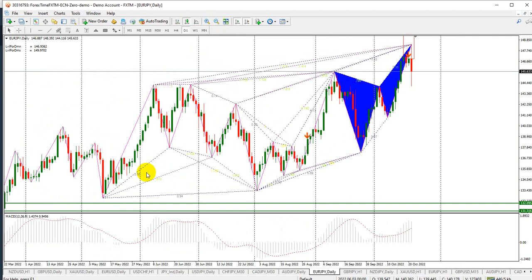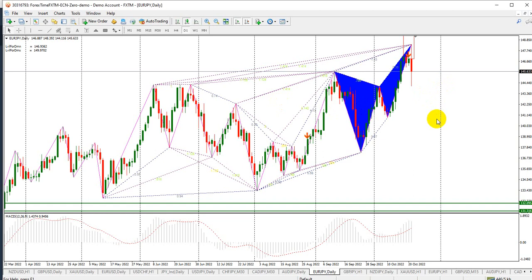Nice setup for daily time frame. You look at it very well that each time you see all this M type of shape, this is chart pattern and then harmonic patterns. When you look at it, you see that it actually respects all those things. Market moves in a systematic way.